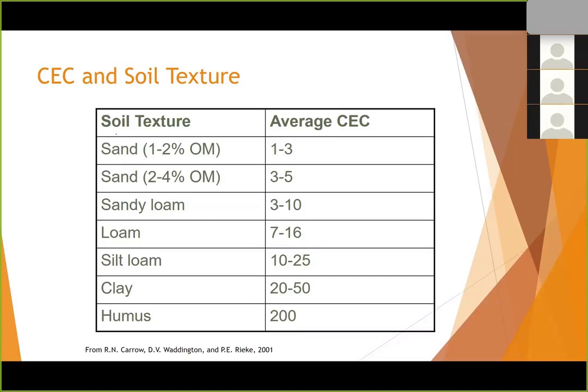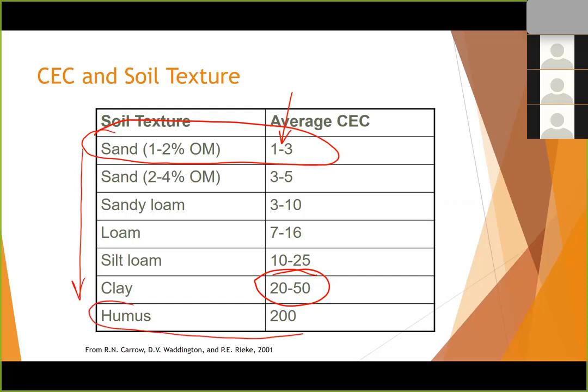So that's why you see here at the top, a sand with 1 to 2% organic matter has a very, very low value of CEC. And as you add more clay into your soil, your CEC jumps way up. And humus, which is a form of organic matter, is loaded with CEC.